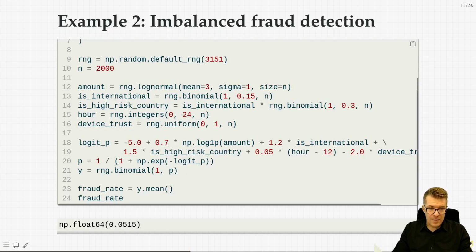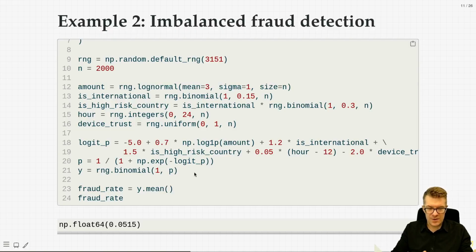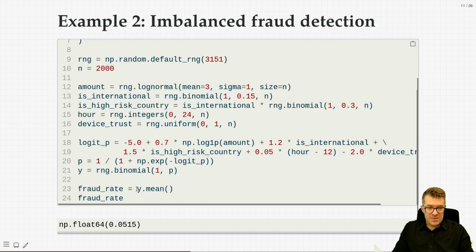Now we have a binomial distribution that basically just flags, given this quantity p, this probability, we compute the binomial distribution from p, and then this gives us the fraud rate.